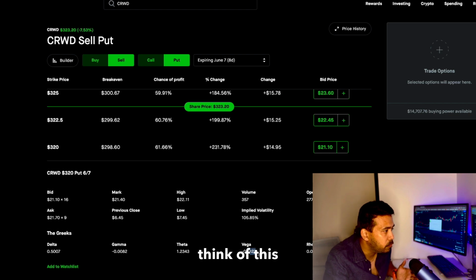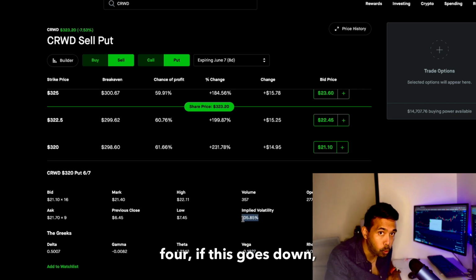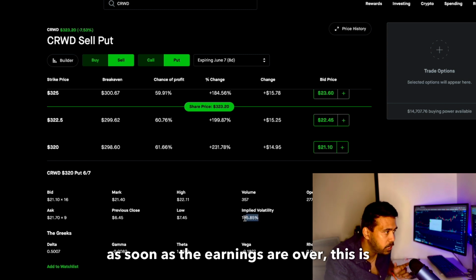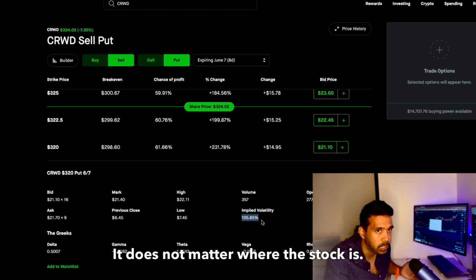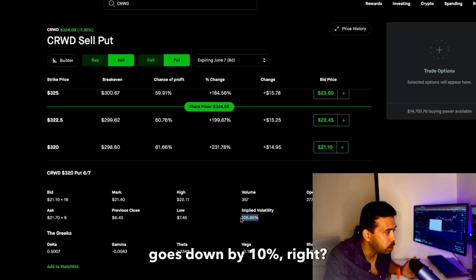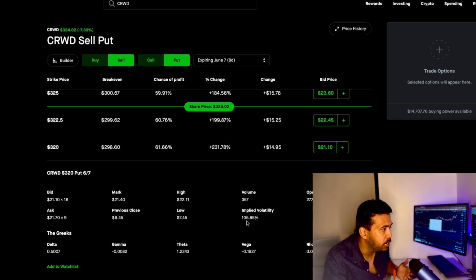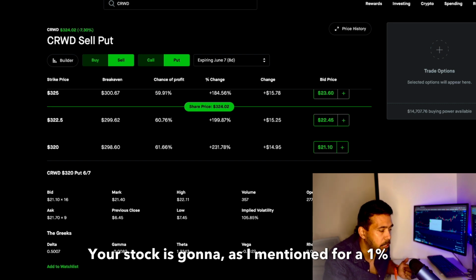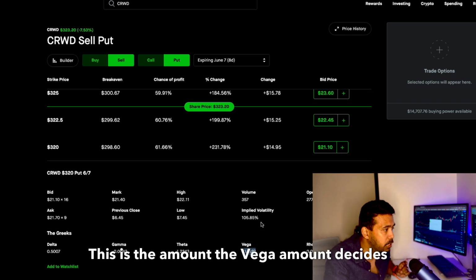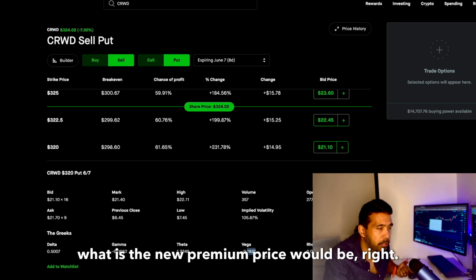So think of this IV: as soon as the earnings are over, this is definitely going to go down. It doesn't matter where the stock is. Let's say it goes down by 10%. As I mentioned, for a 1% decrease or increase, the Vega amount decides what the new premium price would be.